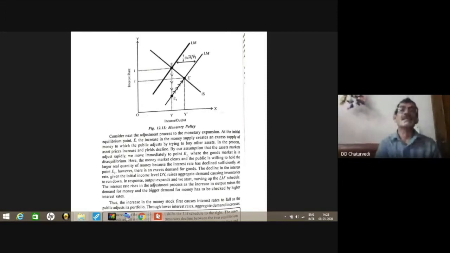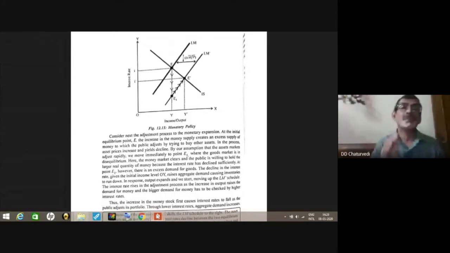This disequilibrium in the product market can be taken care of because the rate of interest is lesser at point E1, and that lesser rate of interest will cause more investment spending. This will cause asset prices to rise, yields will decline, and this asset market adjusts more rapidly. Asset market means the money market.